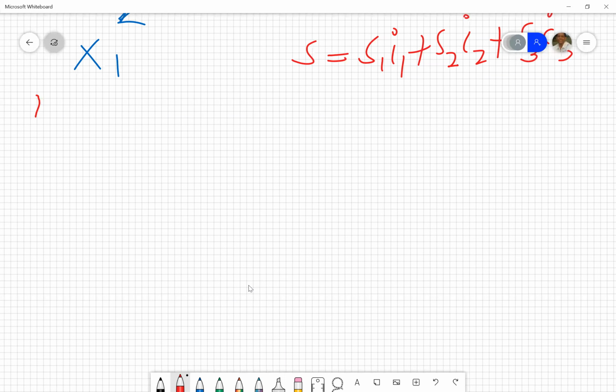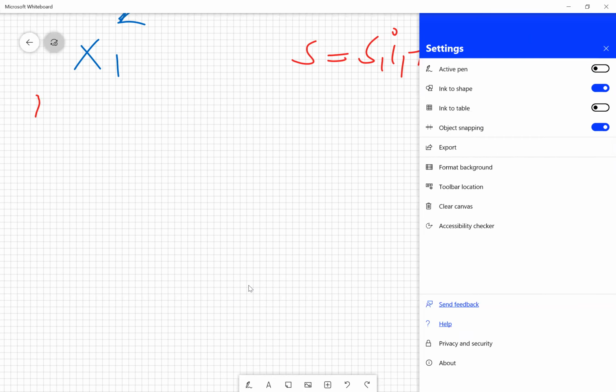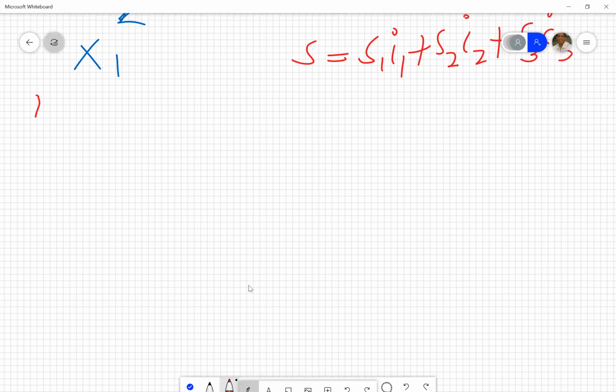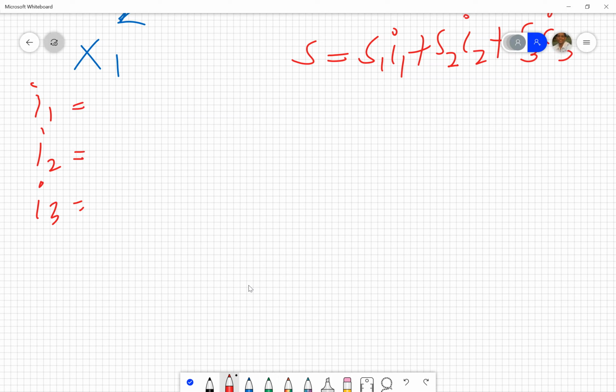Then you tell me, in mathematical calculations, what does it mean: i1, i2, and i3? What is i1, what is i2, and what is i3?